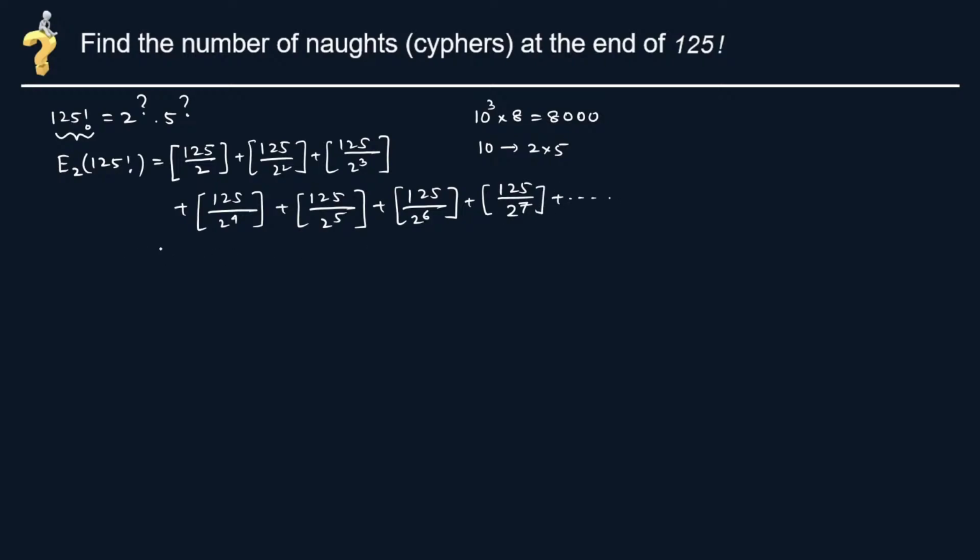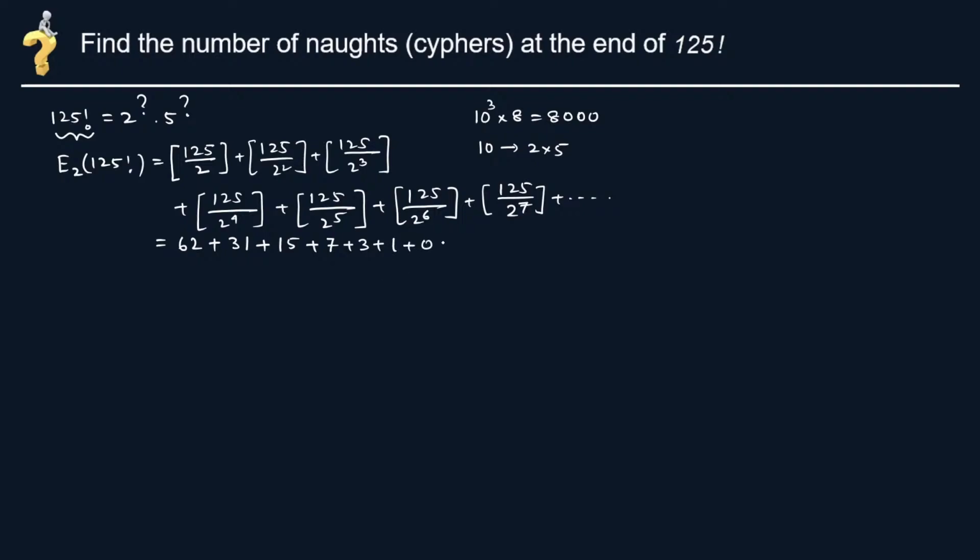So when 125 is divided by 2, that gives us 62.5, and the greatest integer function will take 62, plus 31, plus 15, plus 7, plus 3, plus 1.